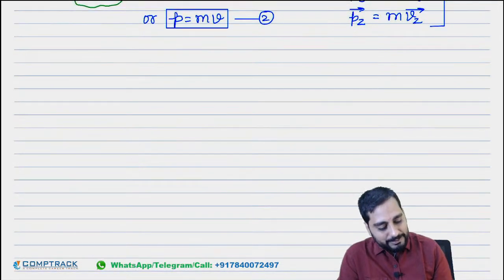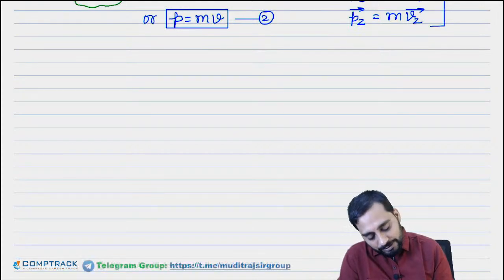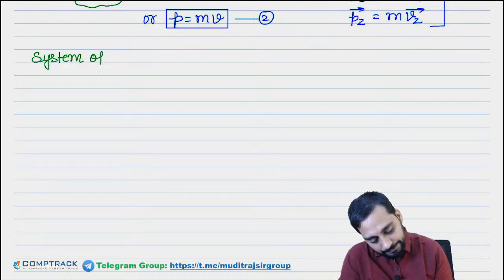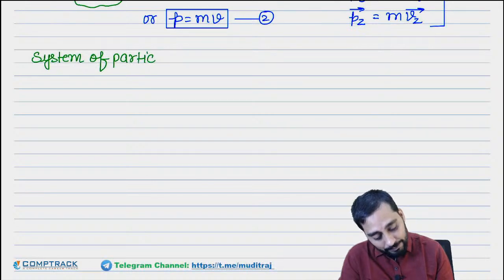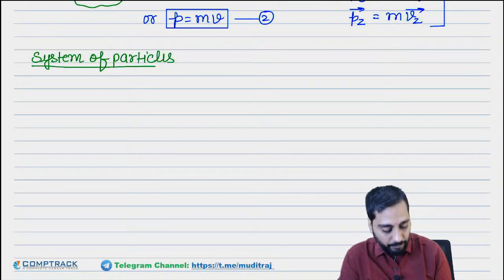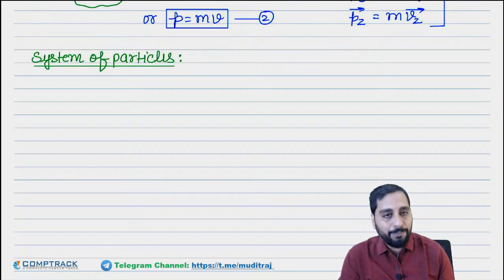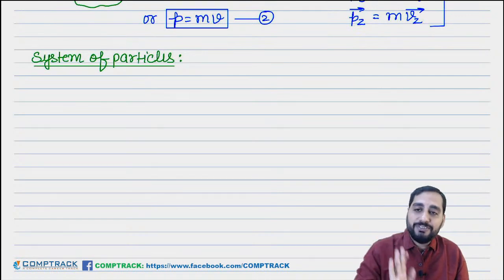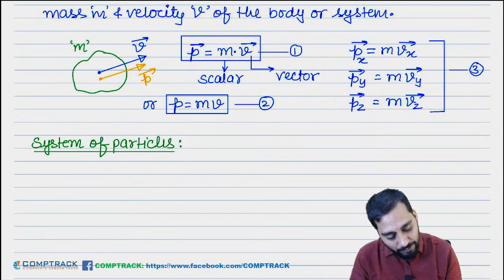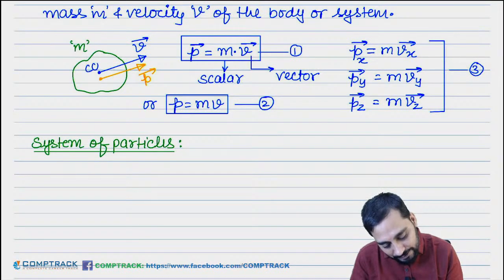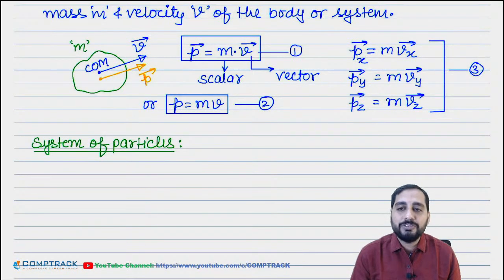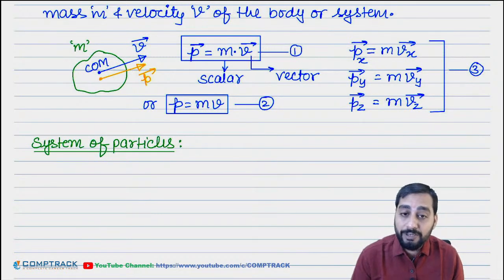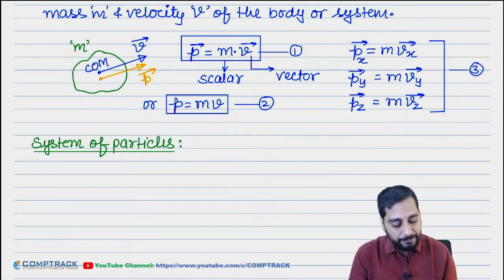But for a system of masses or system of particles, how to find the linear momentum of the system? Here we will see the velocity of what? Center of mass of the body. Velocity of body means velocity of center of mass.